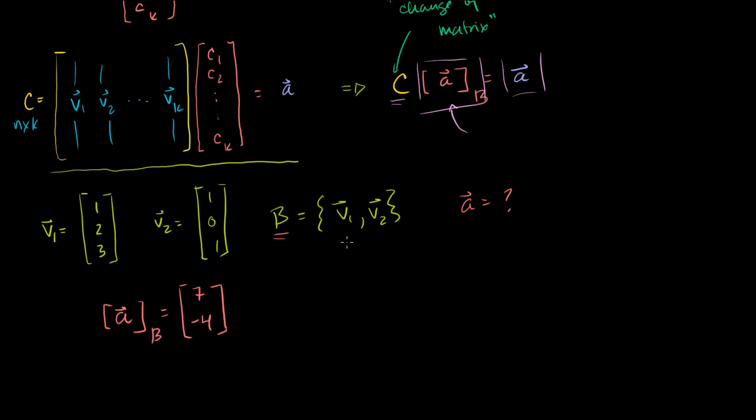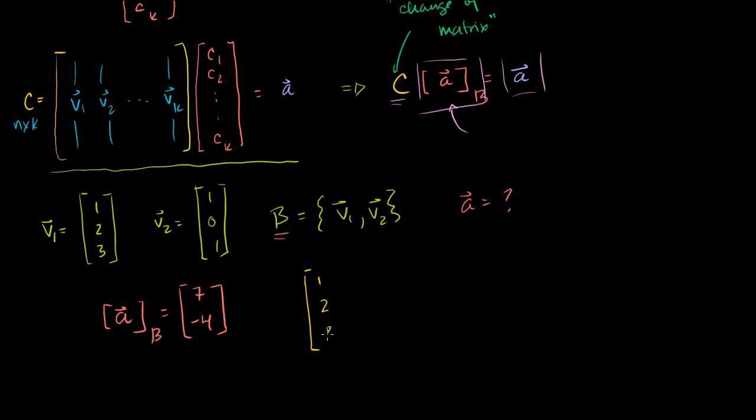Well, you could just say, oh, A is equal to 7 times v1 minus 4 times v2, and you'd be completely correct. But let's actually use this change of basis matrix that I've introduced you to in this video. The change of basis matrix here is going to be just a matrix with v1 and v2 as its columns.